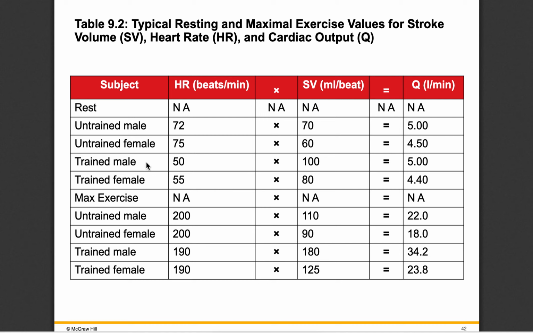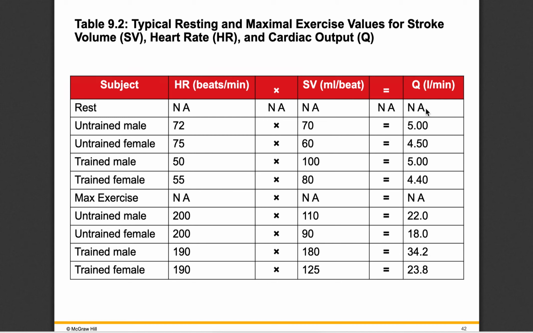You have both males and females, so you can see those differences, and then you have untrained and trained. Generally what you see at rest is that trained individuals have a lower heart rate at rest than untrained, and your stroke volume tends to be higher in trained athletes over untrained.